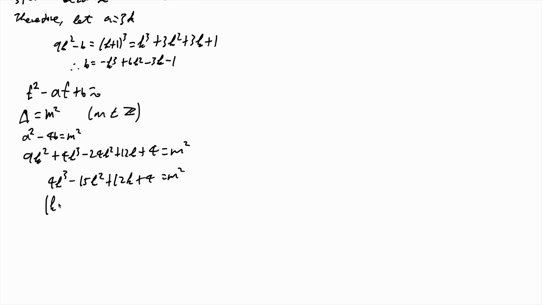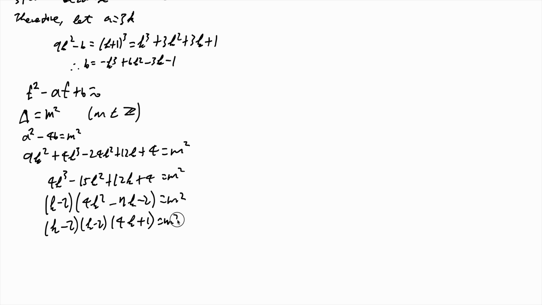So factorizing, we have 4k squared minus 7k minus 2 equals m squared. Let's factorize this one more time if we can. 1 doesn't work. How about 2? It does work, so we can factorize it as 4k plus 1 times the square equals m squared.